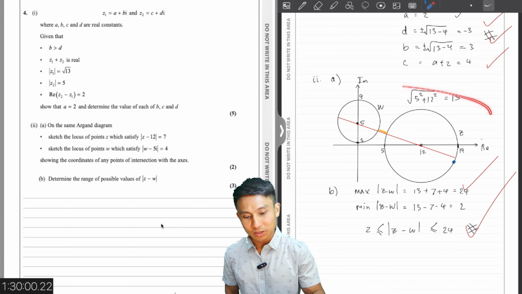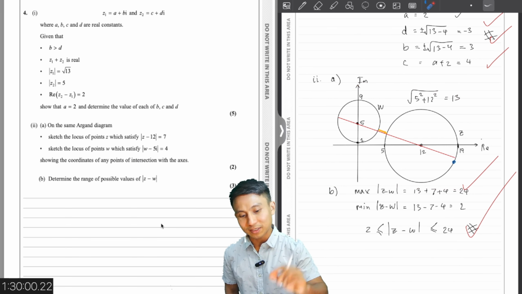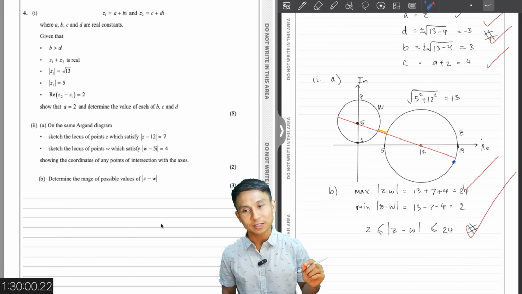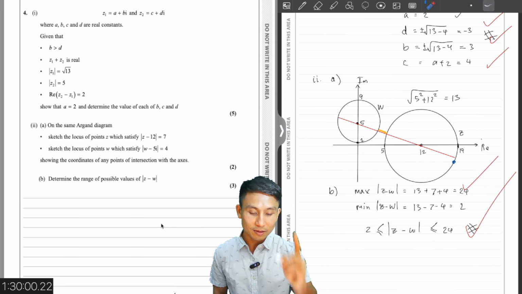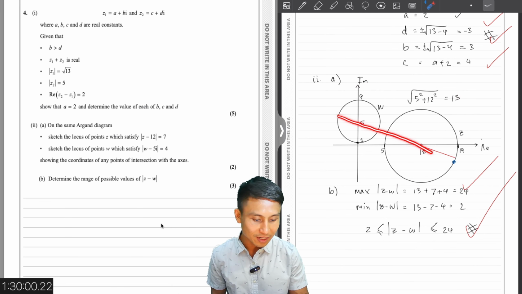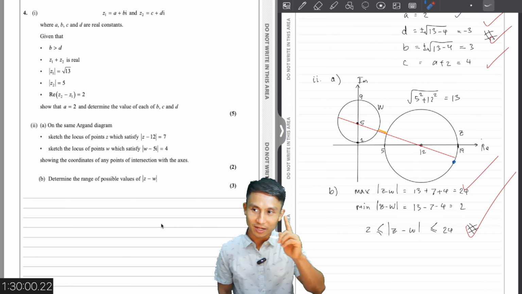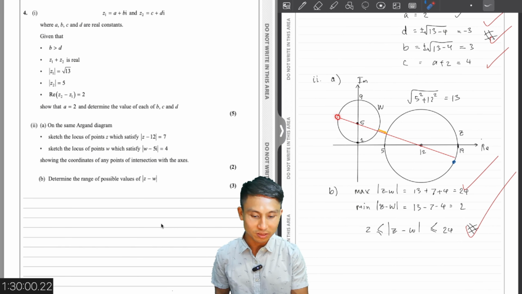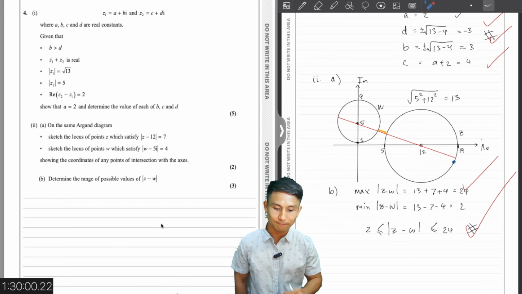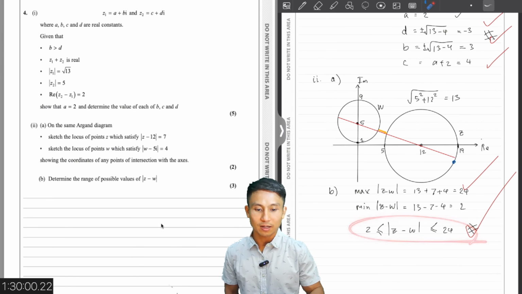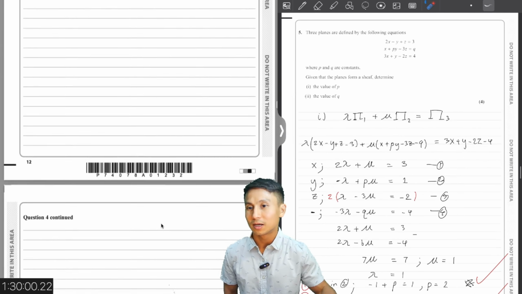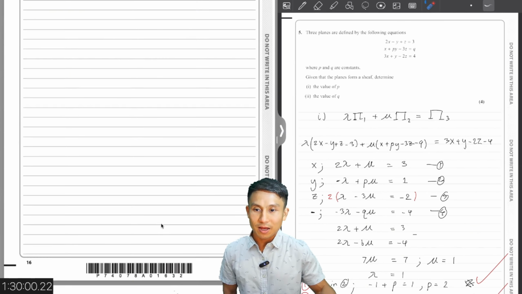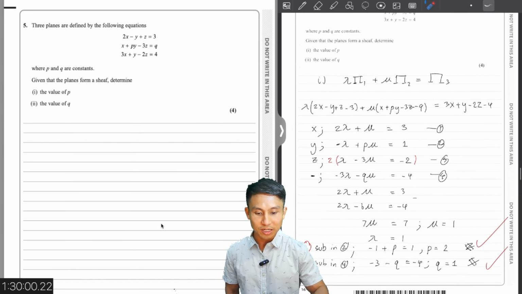But when you consider the shortest and the longest distance between these 2 points, the line that connects the centers would be the line that you will look at. So the shortest is between these two and the longest is between these two. Okay. And then I got this inequality there. That's right.